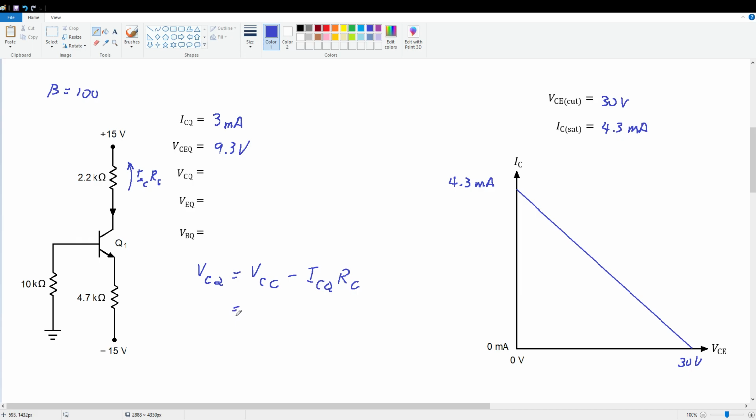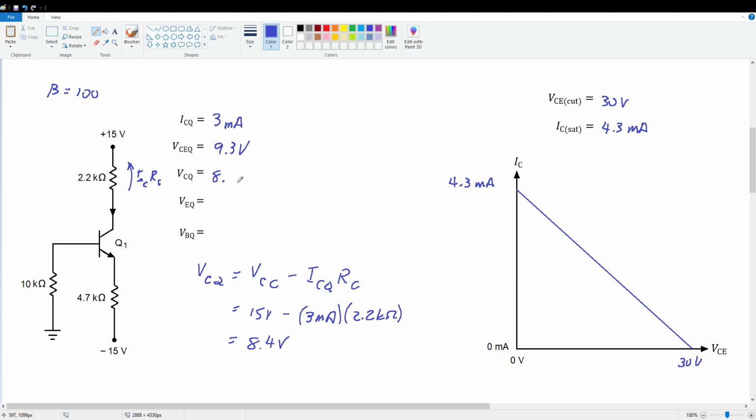And in this case, we've got 15 volts minus 3 milliamps times 2.2 k ohms. And again, crunching through the math, we get 8.4 volts. So if we were to measure from collector to ground, we'd read 8.4 volts.